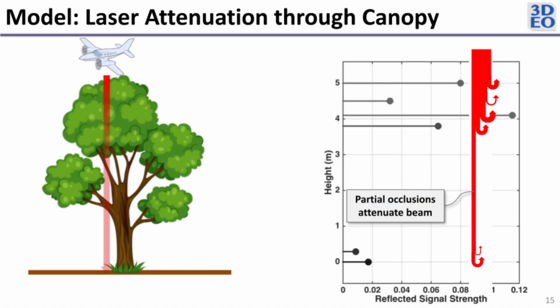So think about lots of different branches at different heights in that tree intersecting that column of light. And these lollipops here are supposed to represent, in some sort of a cartoon way, the amount of intersection of each of those branches coming in from different places into that column of light. So two things happen.